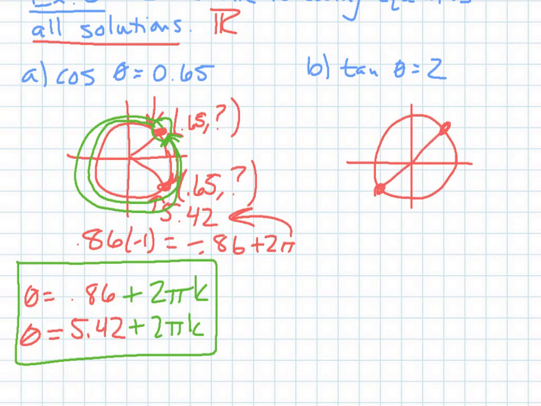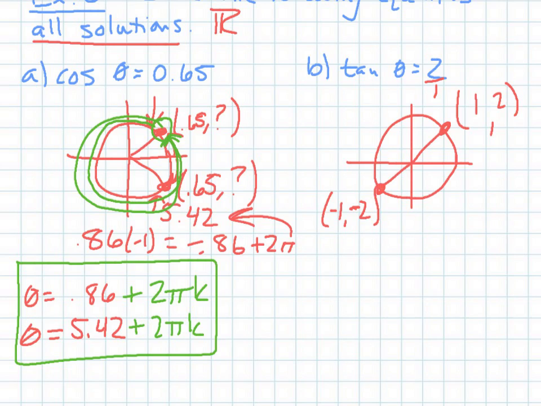But I don't really know what my x or y are, but I kind of do, because it's the ratio of sine over cosine, so it's like having the point 2 over 1 and then negative 2 over negative 1. So you kind of know those points, but you don't see them on the unit circle because your r is different. It's a different r value that creates those points.